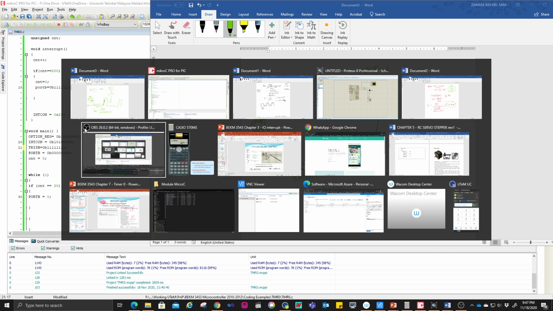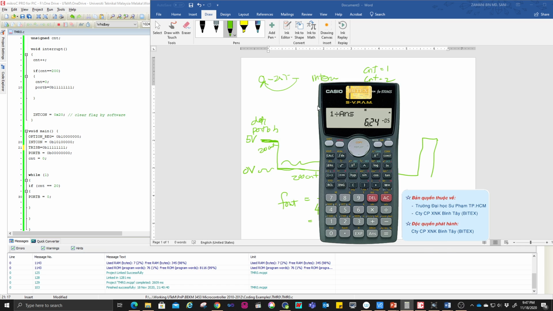Okay, so 20 megahertz, divide by 4, divide by 2, divide by 255, divide by 20.